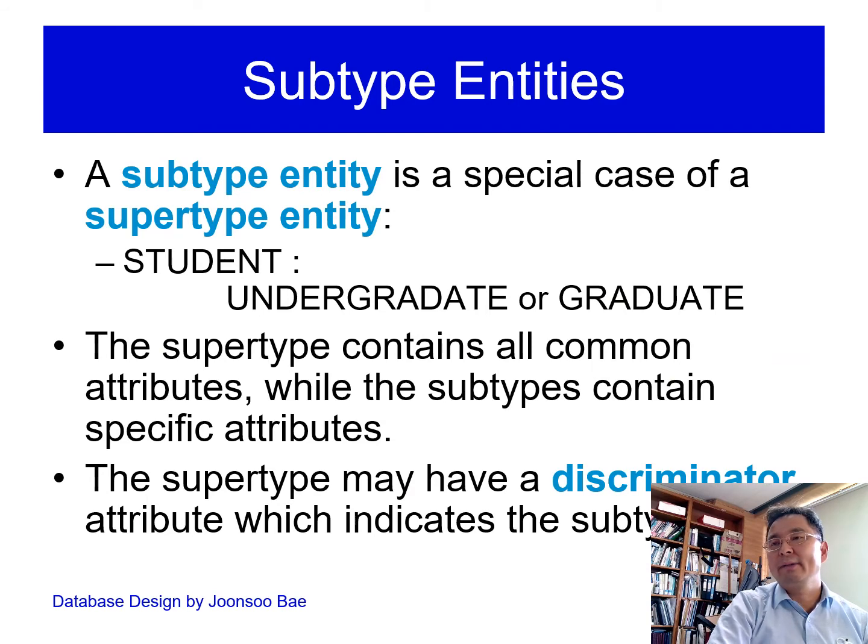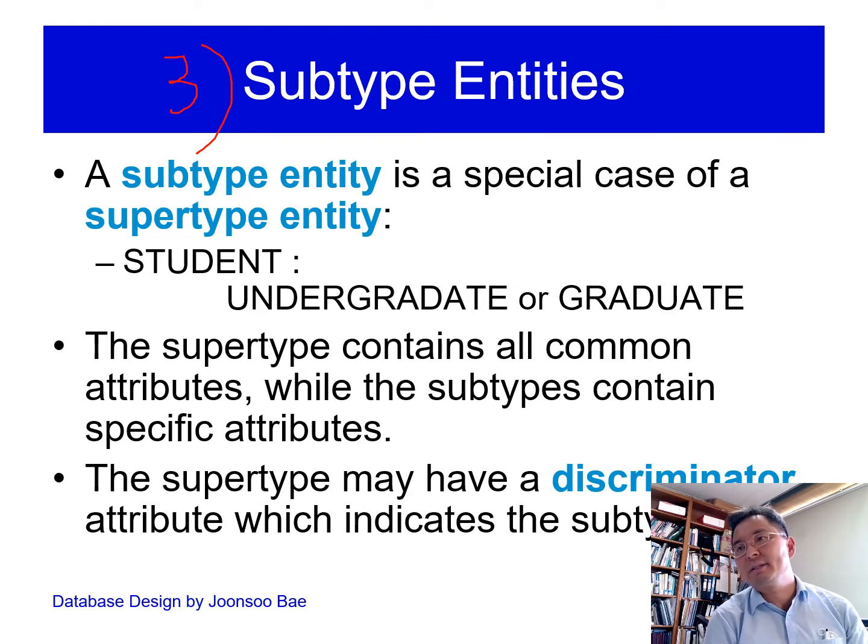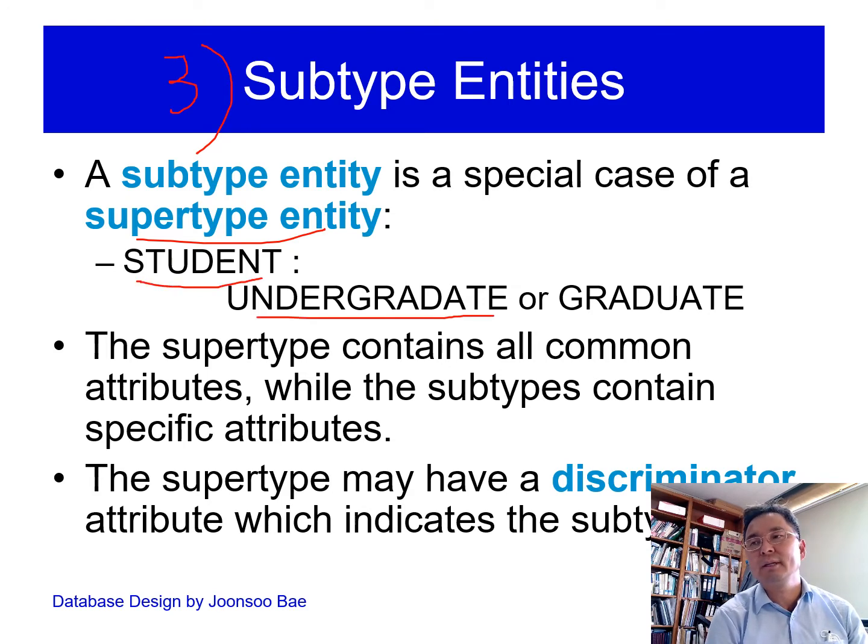Okay, and now the third type of entity is subtype entities. A subtype entity is a special case of a supertype entity. So there is a student entity and an undergraduate entity and a graduate entity.